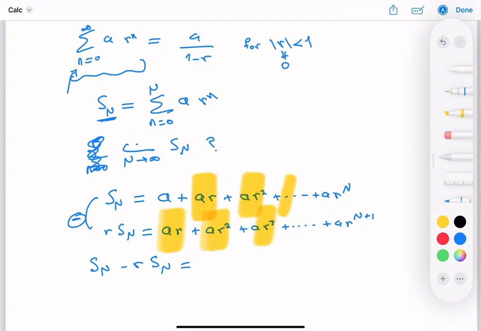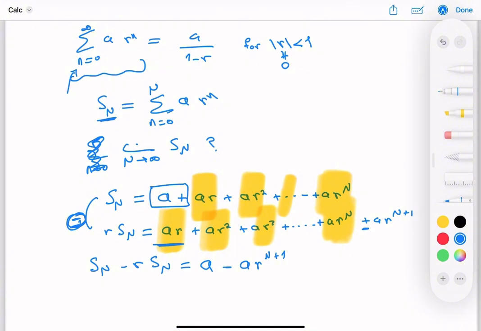Let me just write an extra term here, perhaps just to make the idea clear. So here there is another term, which is ar to the n. And this term is going to cancel with this term, and what we'll be left with is this a. It's going to be left, and over here, since we're taking a minus of this thing, it's going to be minus a r to the n plus 1.